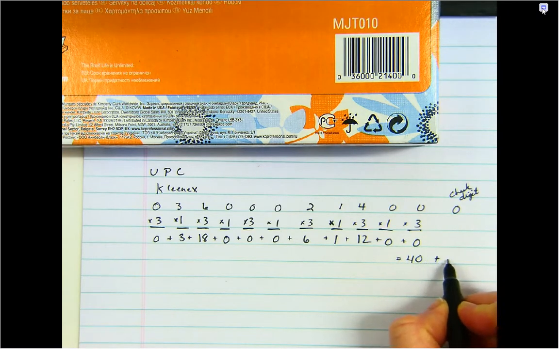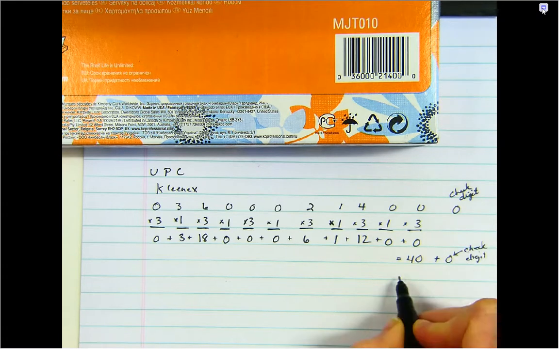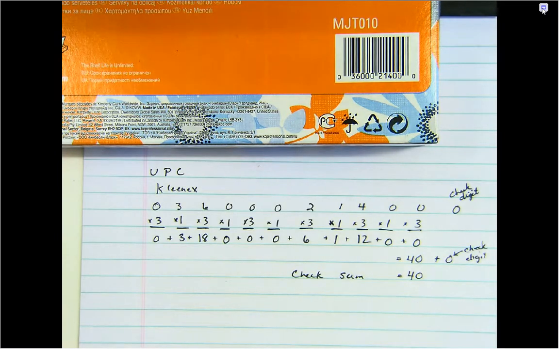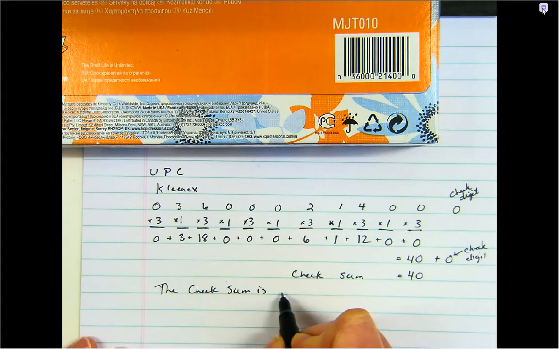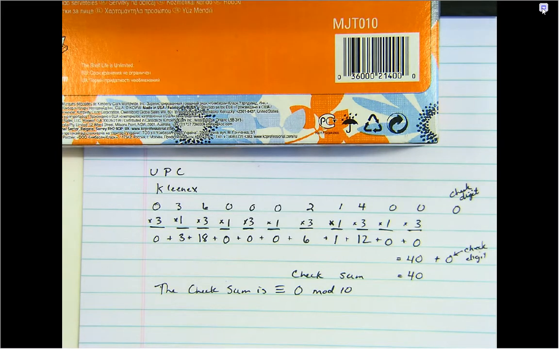And then we would add the check digit. This time it's kind of a boring number. And we get 40. This is called the checksum. It turns out that the checksum is always equivalent to 0 mod 10. So that's how the check digit works.